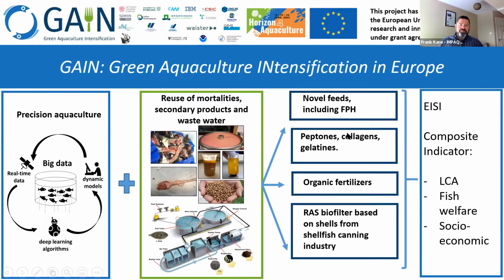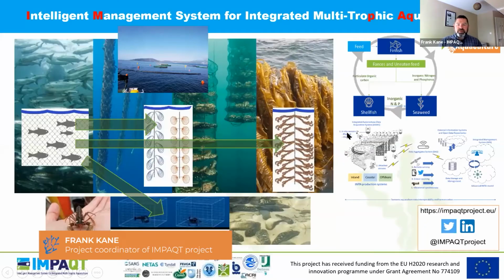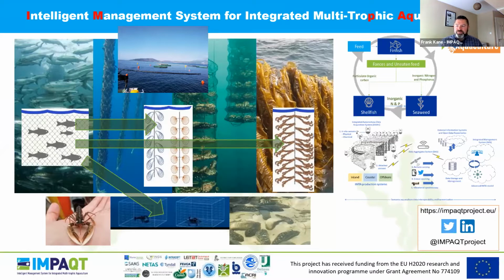Thank you, Roberto. And thank you, everybody, for joining this joint webinar series between the GAIN, the IMPACT, and the Efficiency Project. So I'll give a brief introduction of the IMPACT, which is a project working to develop an intelligent technological platform for the sustainable management of IMTA farms.